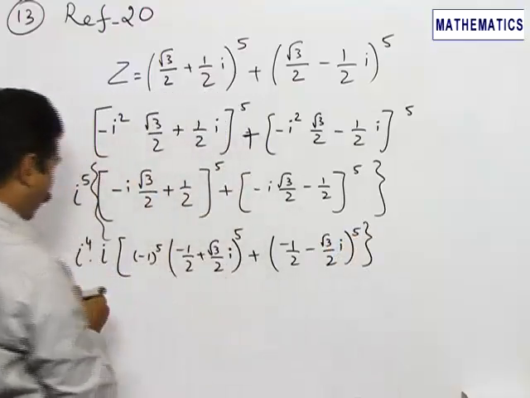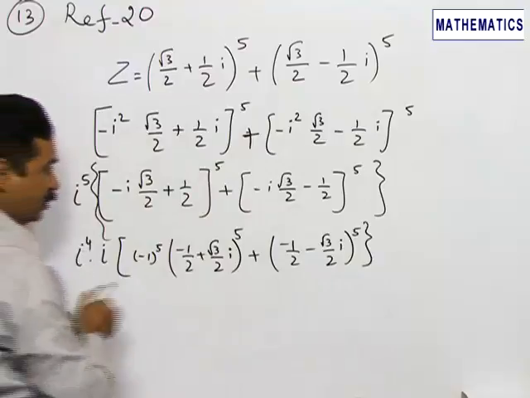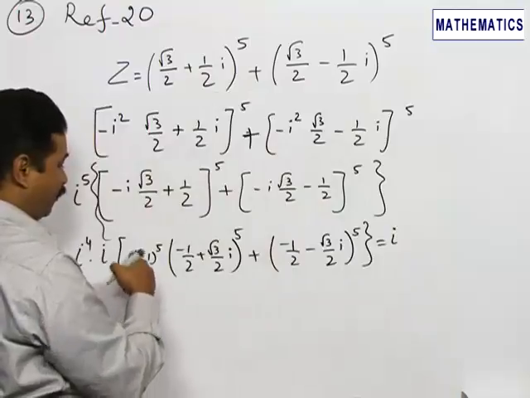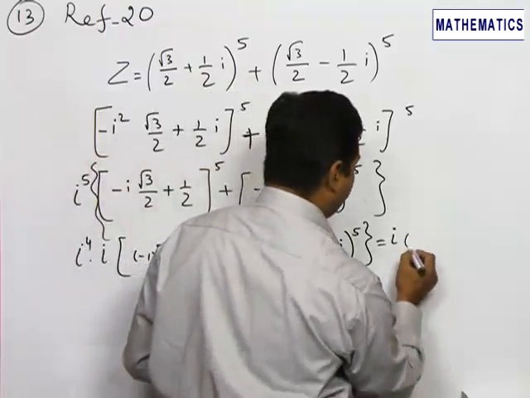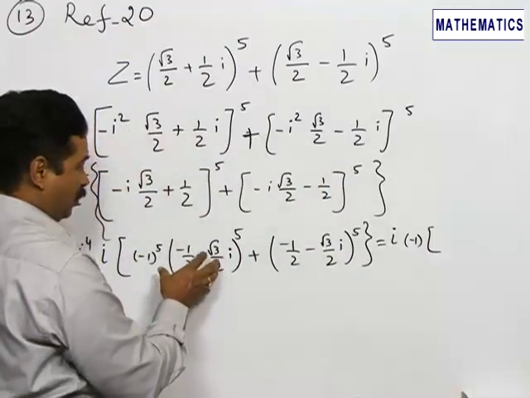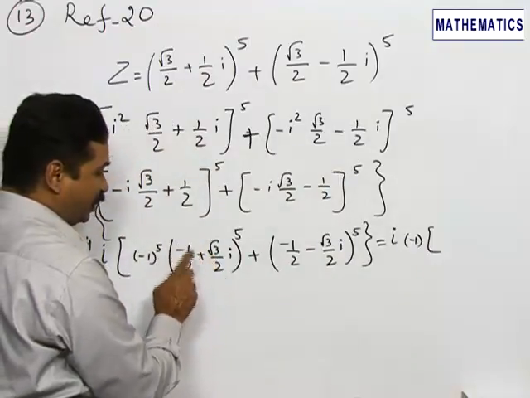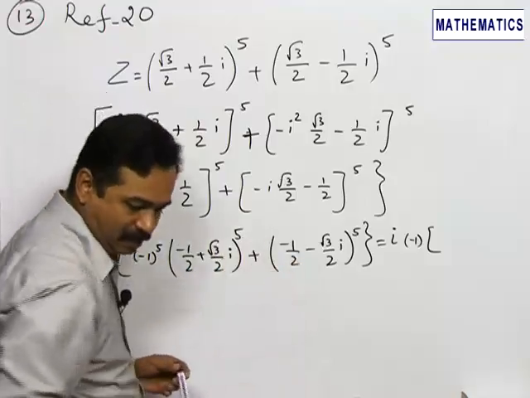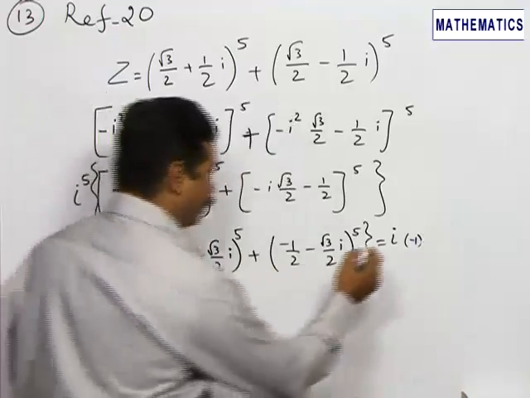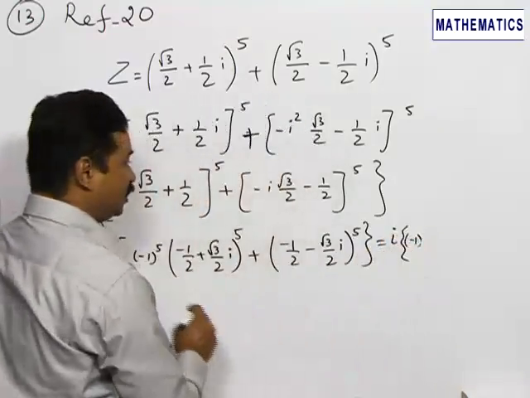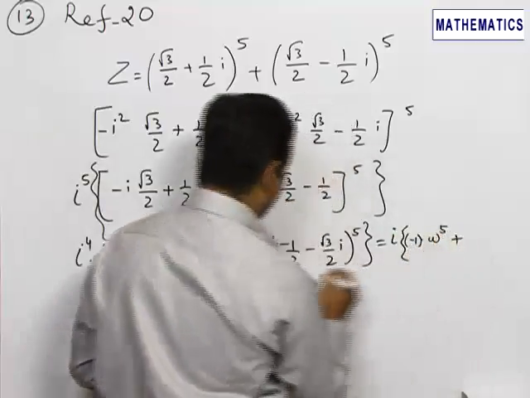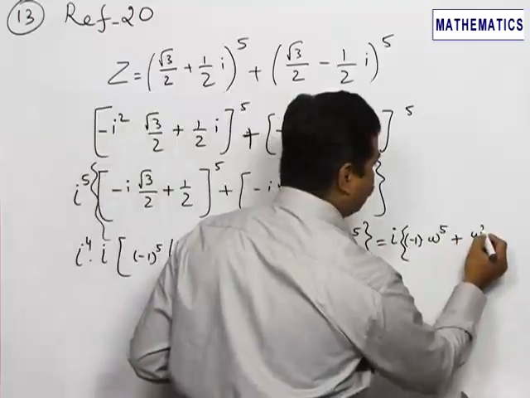So i power 4 is 1 into i, and minus 1 power 5 is minus 1, so we put minus 1. This quantity is nothing but omega, and we can treat the other as omega square. That is i into minus 1 times omega power 5 plus omega square to the whole power 5.